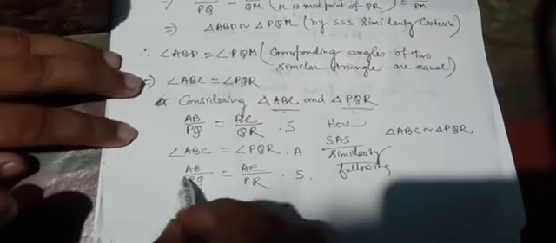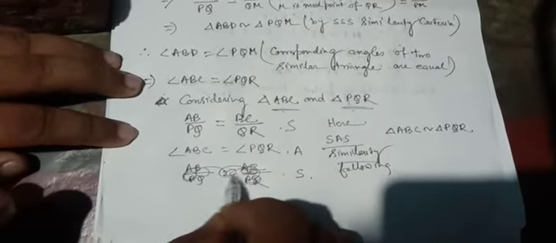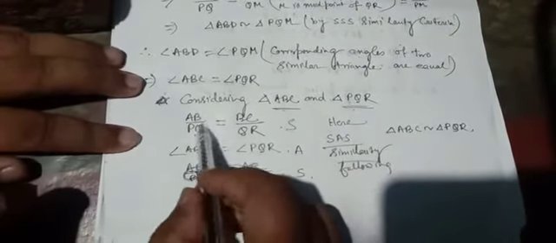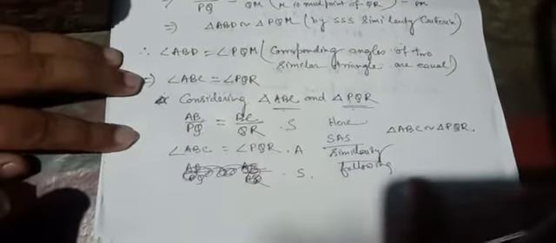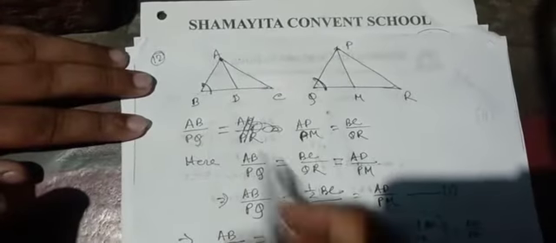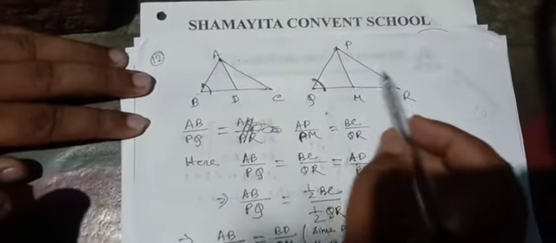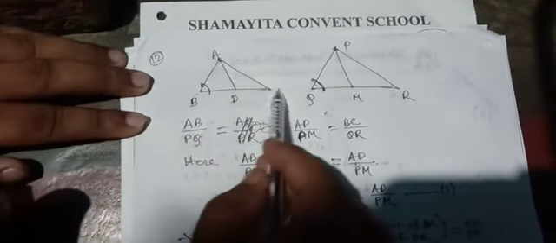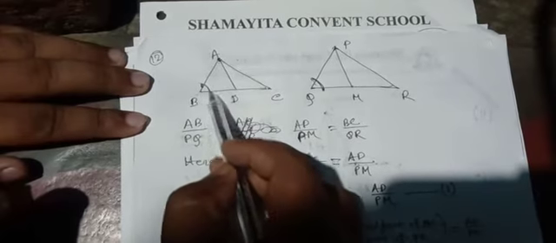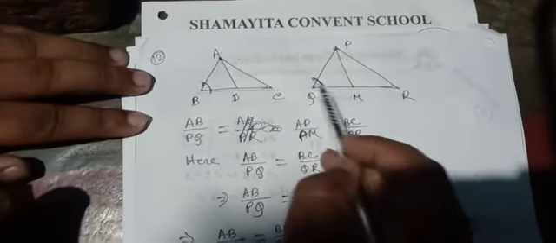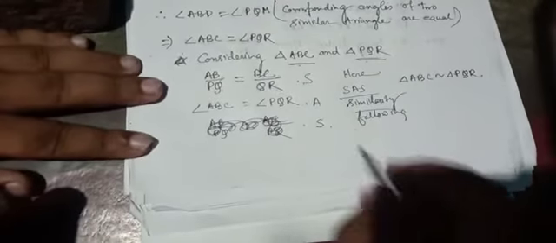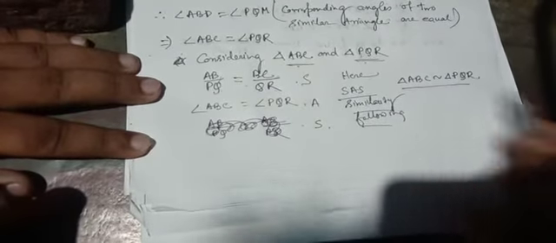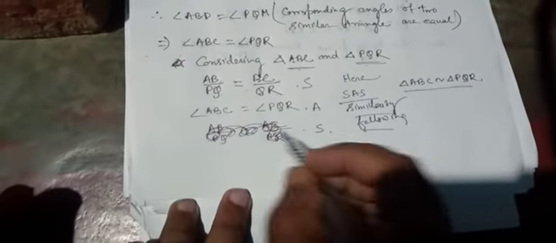This part is not needed. Only AB by PQ equal to BC by QR with the included angle, side angle side, so SAS similarity follows, hence these are similar. So this is all about today's class, students.